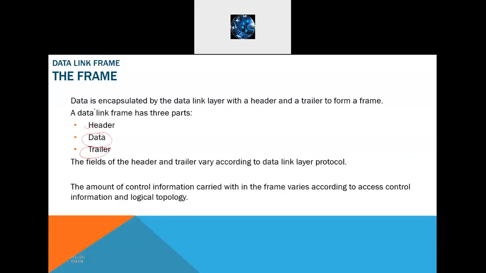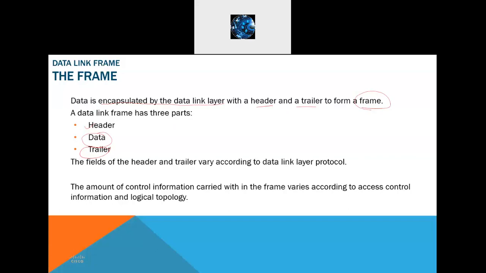So look at what it says here: data is encapsulated by the data link layer with a header and a trailer to form a frame. So my data is already there. The layer 2 header is added and a trailer is added at layer 2.